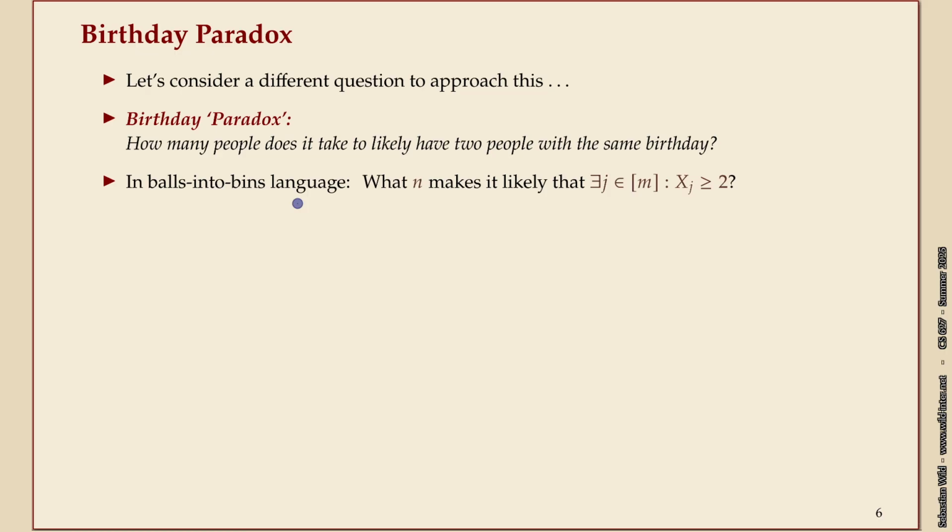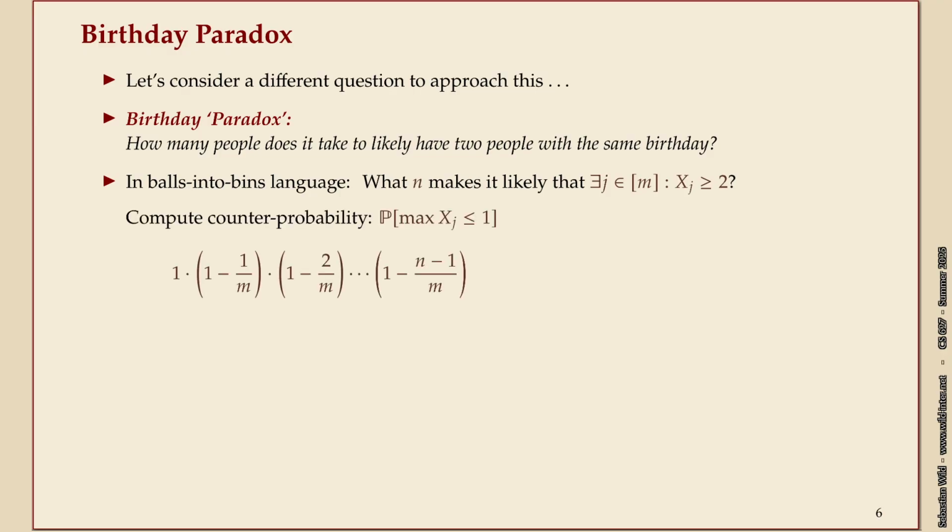Translated into our formal model, it's the number n of balls that you have to throw into a given set of bins so that there is some bin that has two balls. Of course, this is not a hard cutoff, but we can say when is it at least probability 1/2 that you see a bin with two balls or more.